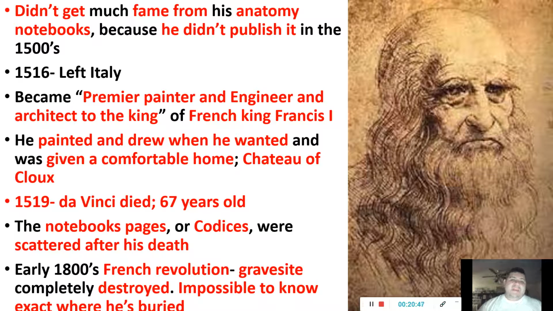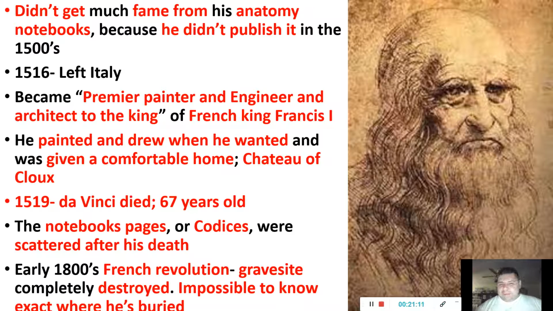Right? And on top of that, he was going to get a very nice home called Chateau de Cloux, which means the Castle of Clouds. Thing is, he didn't get to enjoy it that long. He died like 3 years later at the age of 67. Now, back then, that was pretty old. That was a good long life.